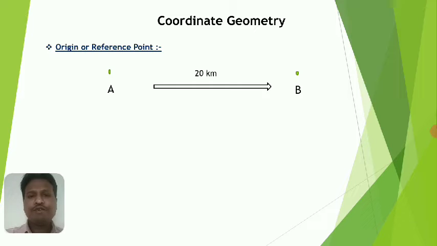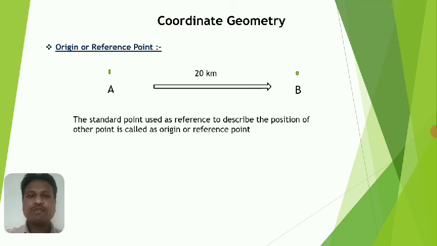And if you say city A is at 20 kilometers from city B, that means you are using B as a reference point. So whatever reference point you are using, that is nothing but the origin.